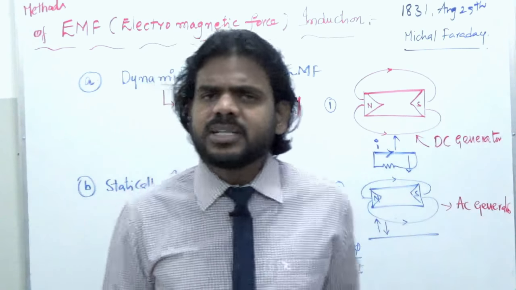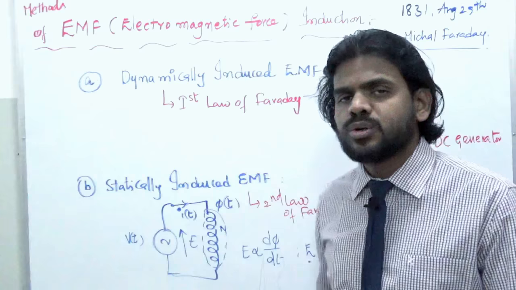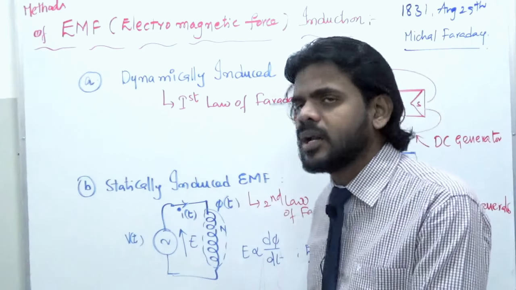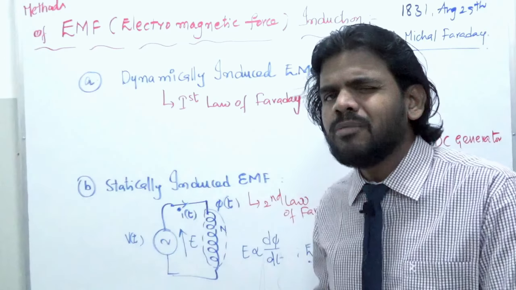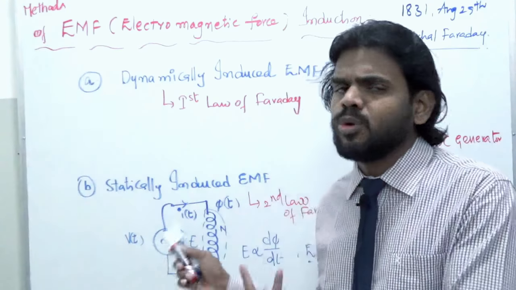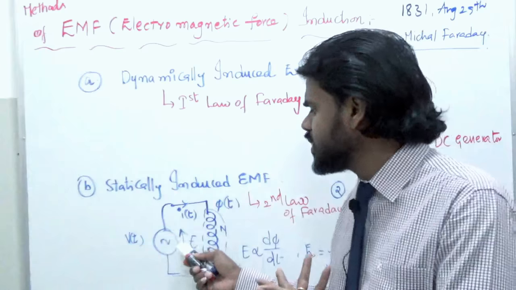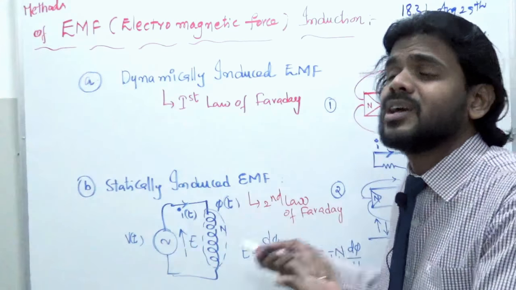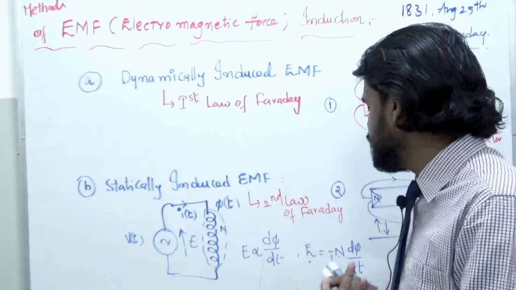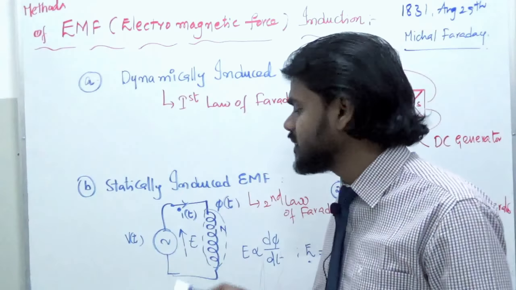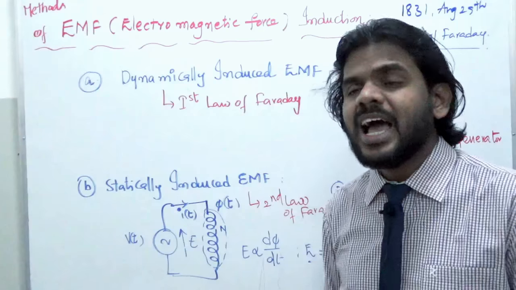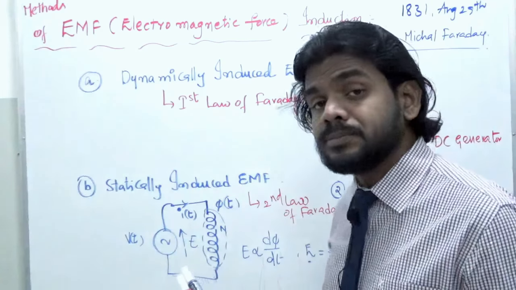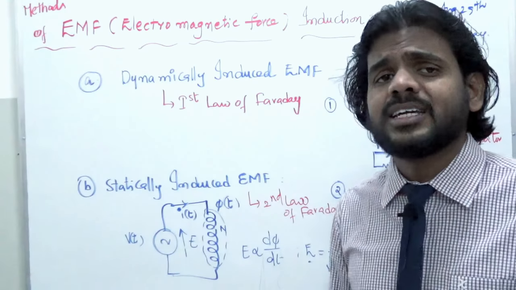And the second method is a method in which there is no dynamics seen, and it simply takes a coil and gives it a supply. In one way, voltage is the input and voltage is the output, and this voltage that is produced is opposing its very cause. So E is opposing d phi by dt. So it is shown in the reverse direction, and this method of EMF induction is seen in all the static machines.